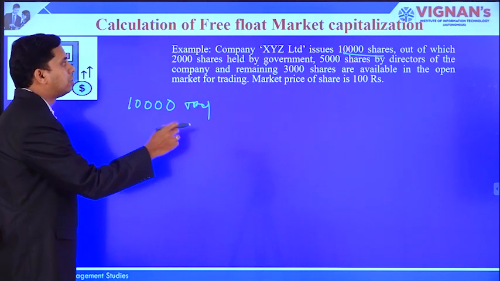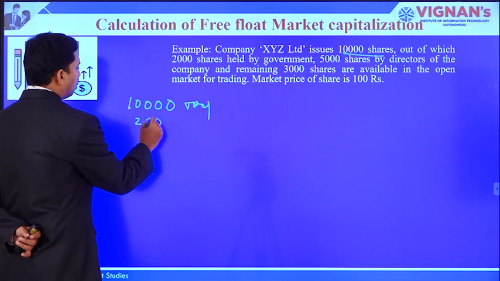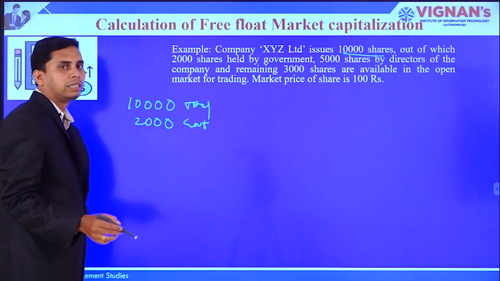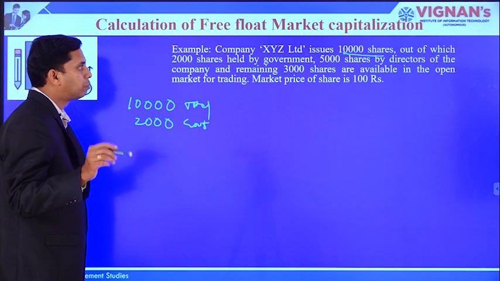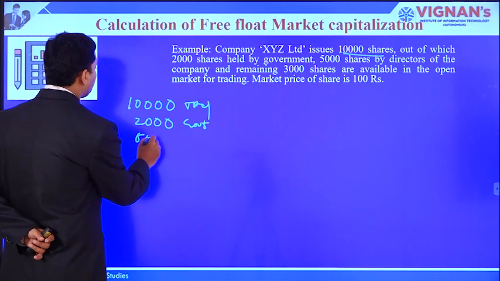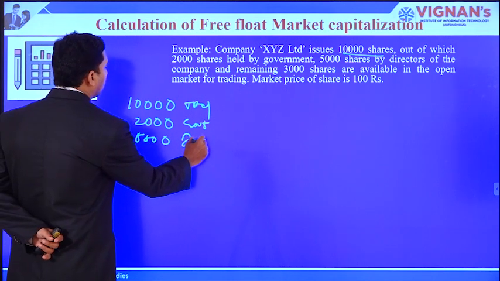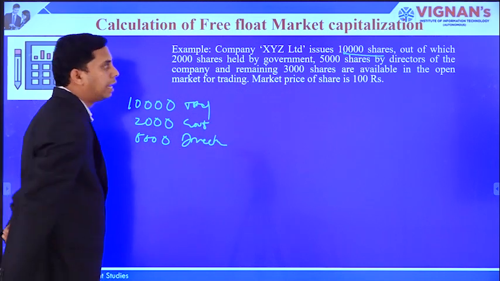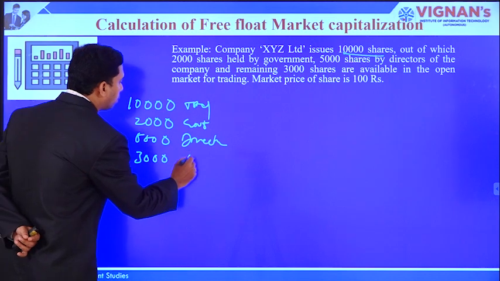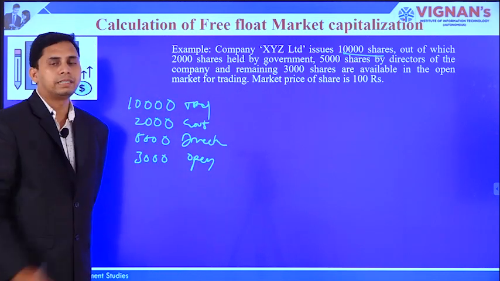Out of which 2,000 shares are held by the government. The government may or may not trade actively in the market, that's the point to be understood. And the other one is 5,000 shares held by the directors, and only 3,000 shares are open for the public, open for market trading.